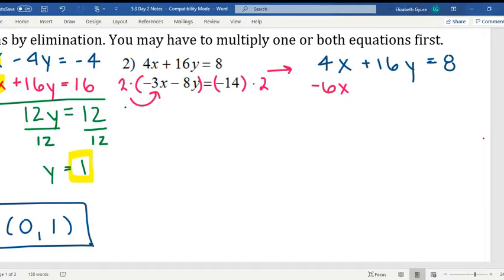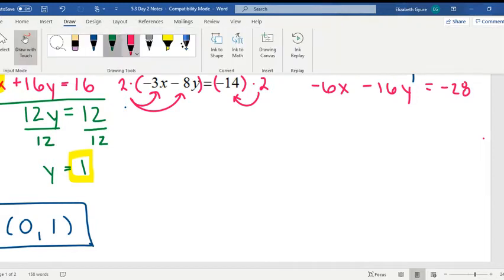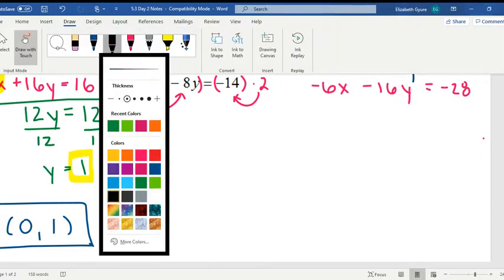Jesse, what is 2 times negative 8y? Yep, negative 16y. Good. And then we also have to multiply both sides, right? If you multiply one thing, you got to multiply everything. So Jake Sanders, what is negative 14 times 2? Yep, negative 28.